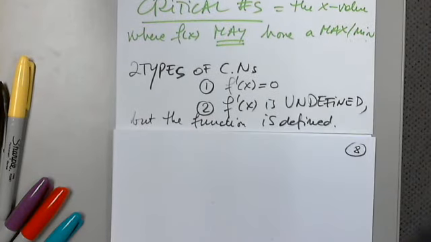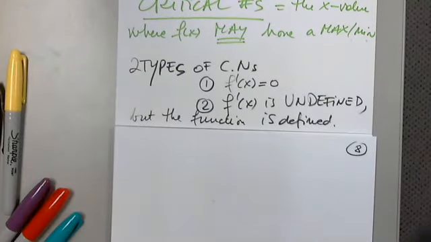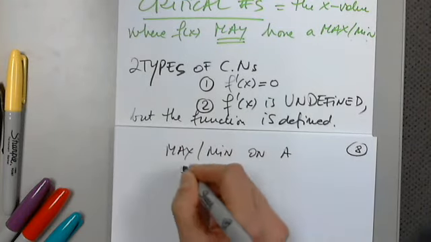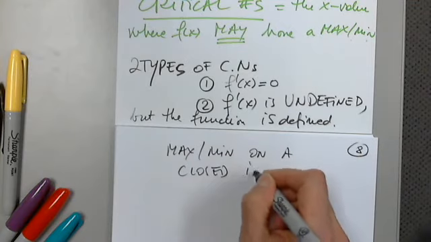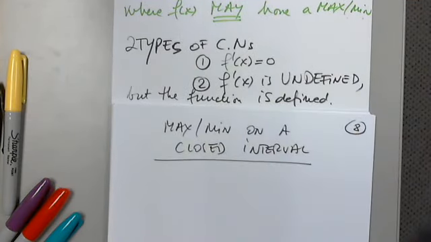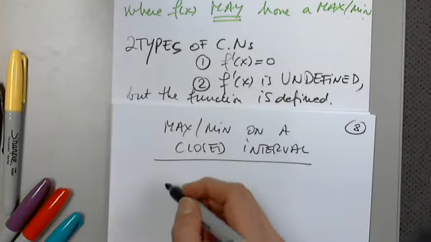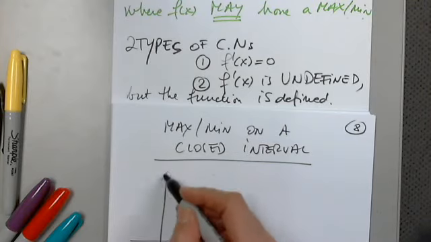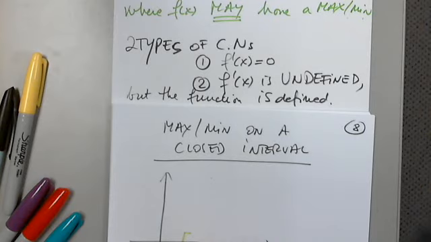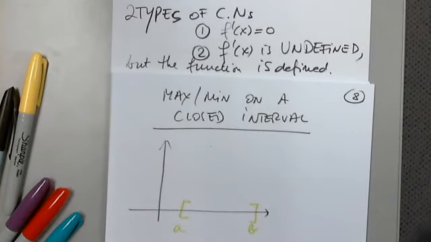I would like to caution you, because this is very important, how we determine max, min on a closed interval. And also we need to discuss how many types of max and min we have. So as you see, I am drawing a function on a closed interval. So let's say interval a comma b. It's a closed interval, and I'm graphing a function.